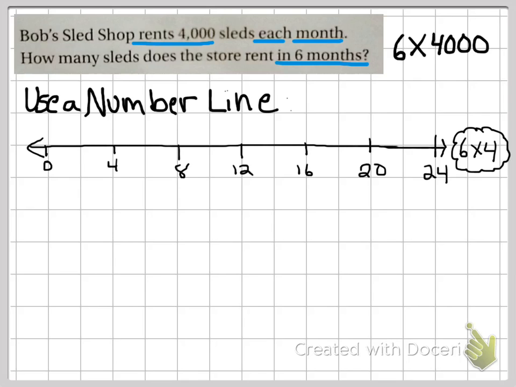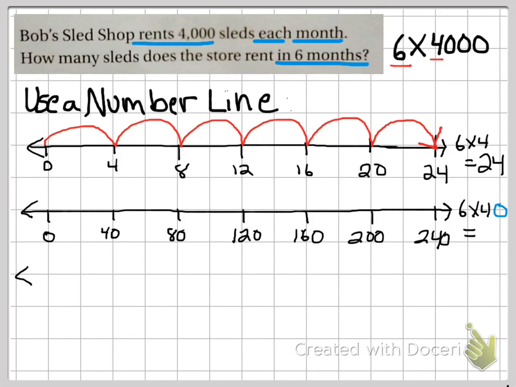You can see it in the problem. 6 times 4. So I'm jumping up the number line 6 times 4. 6 groups of 4, 6 months with 4 in each month would be 24.